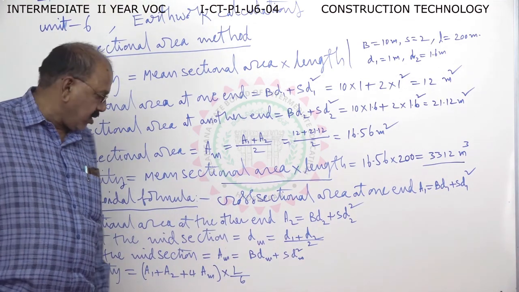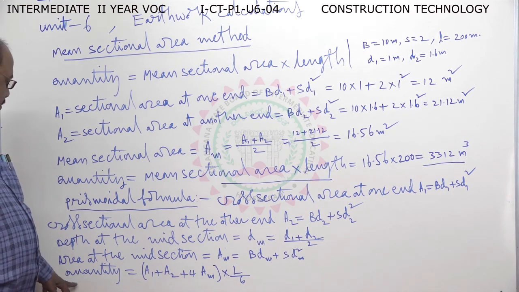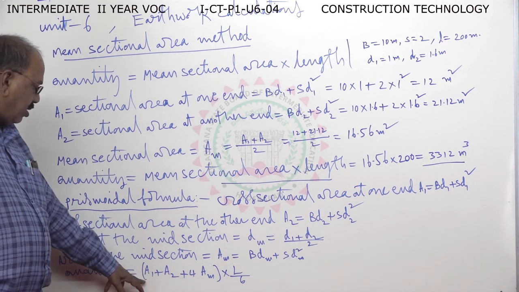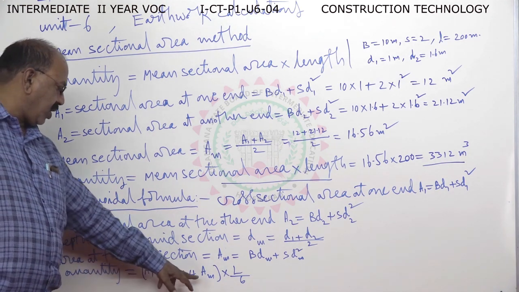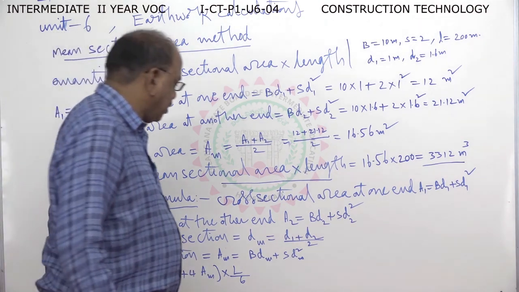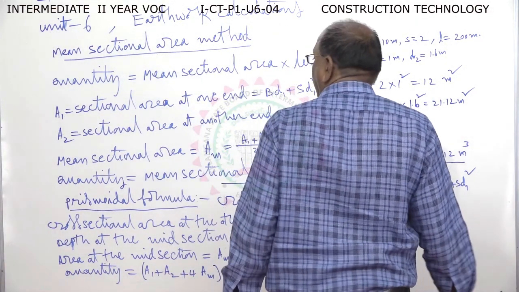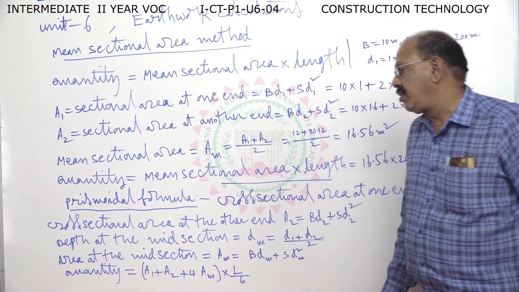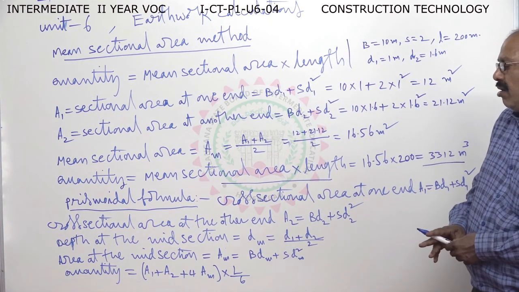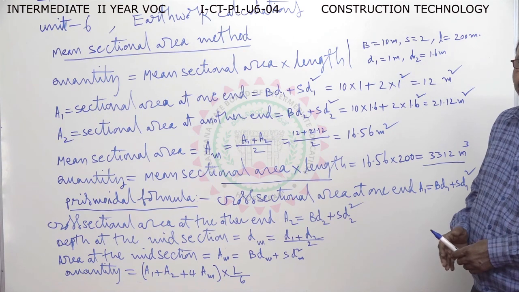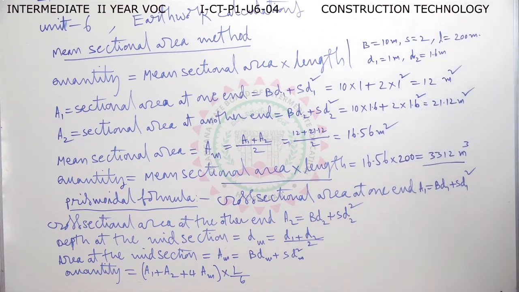This is another formula. So finally, quantity of earthwork is equal to A1 plus A2 plus 4AM into L by 6. This is the methodology of prismoidal formula for finding quantity of earthwork in roads.